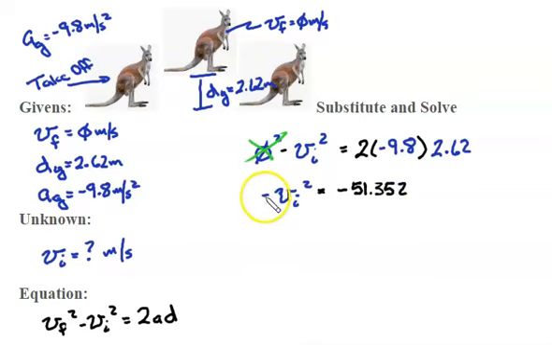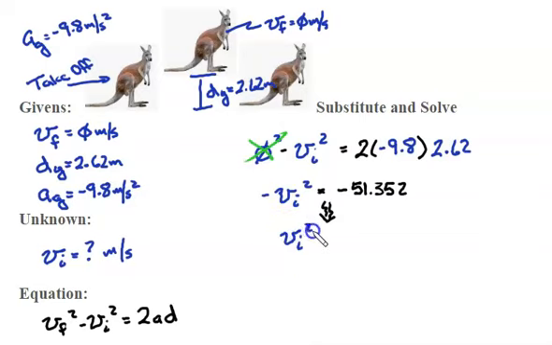Here's the thing, there's a negative here and a negative here. So I'm going to divide by negative 1 in order to get rid of the negatives. The reason is you try taking the square root of a negative number, things get yucky very, very quickly.